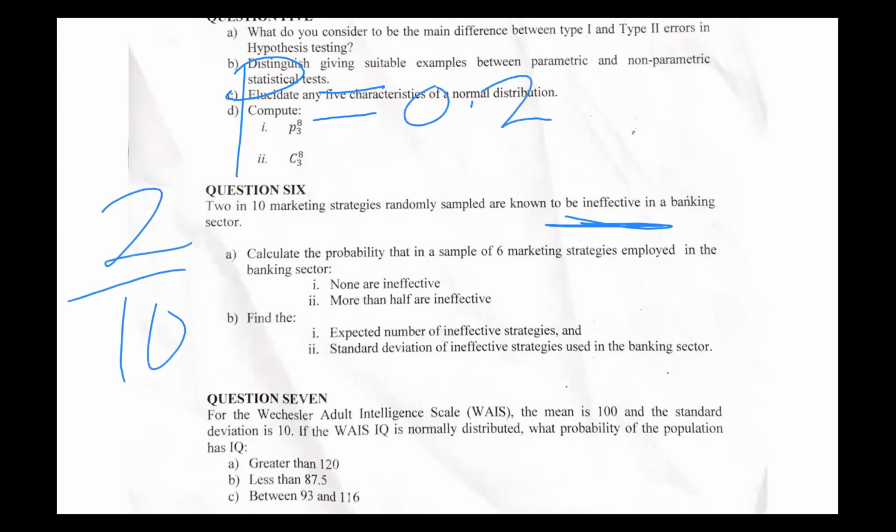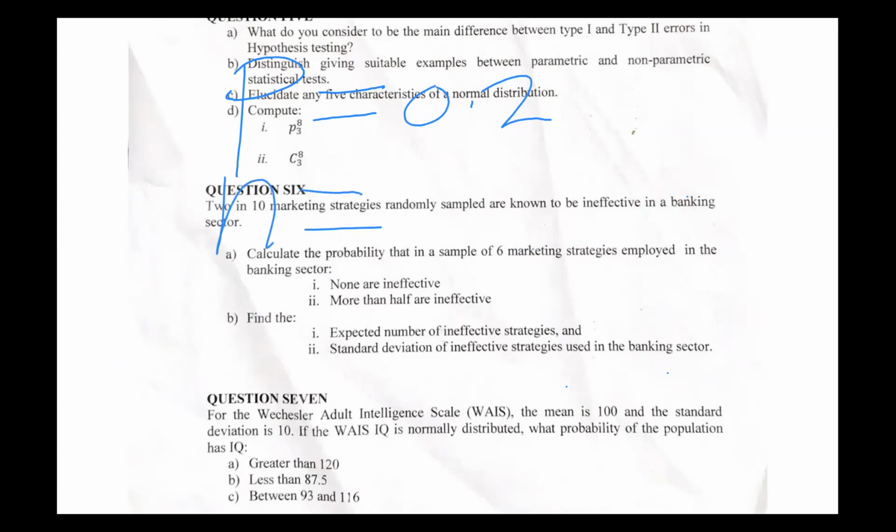Then you are given the sample size of 6 strategies. So the question is, out of the sampled, what is the probability that none of them, meaning 0 of them, will be ineffective.